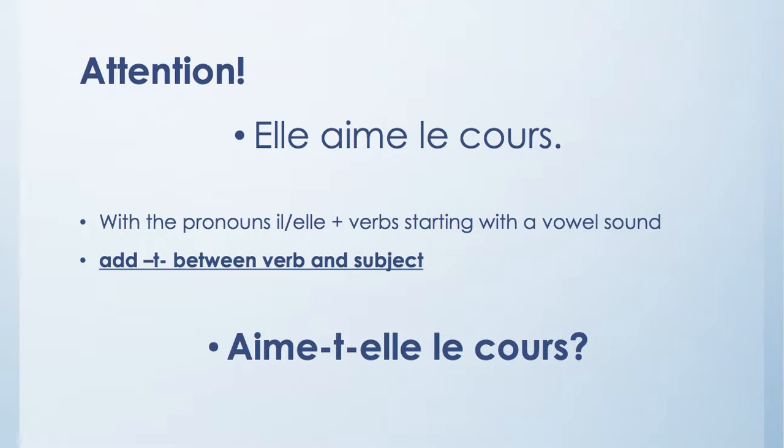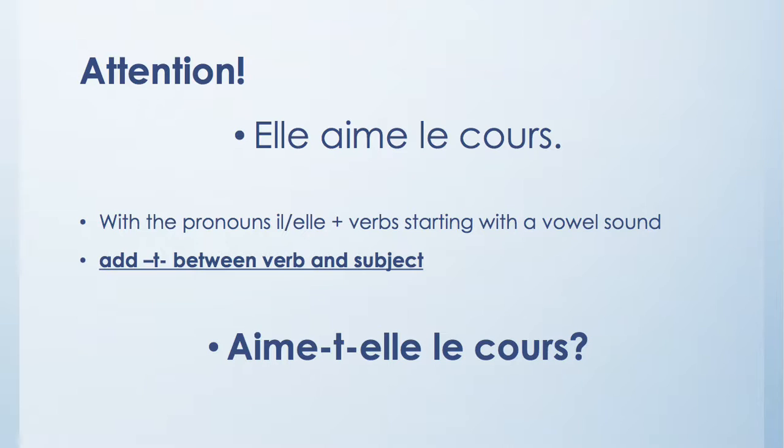Pay attention when I have the pronouns il and elle, and only with those two, plus verbs starting with a vowel sound like étudier, aimer. I have to do the inversion as usual and add hyphen, t, hyphen, between the verb and the subject. So here is another pretty simple question.